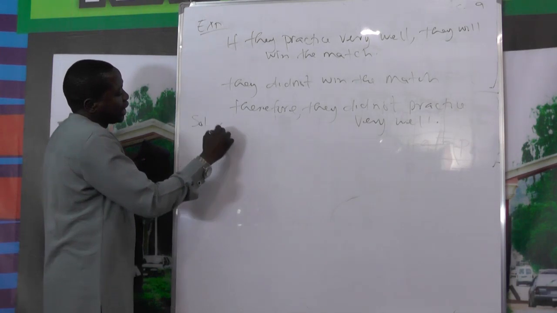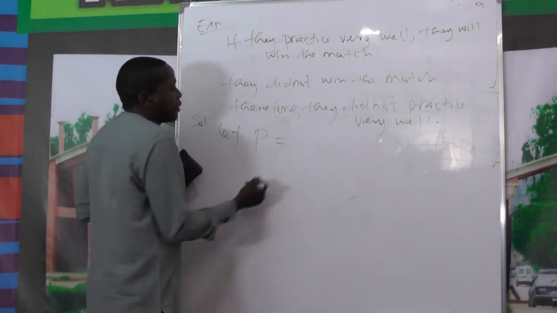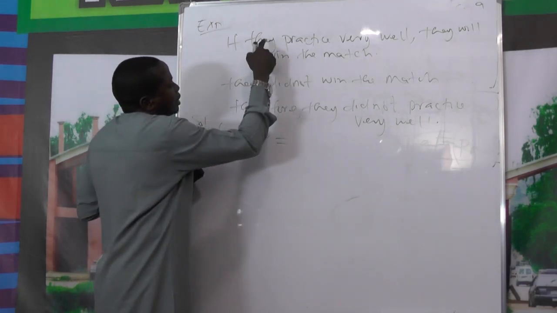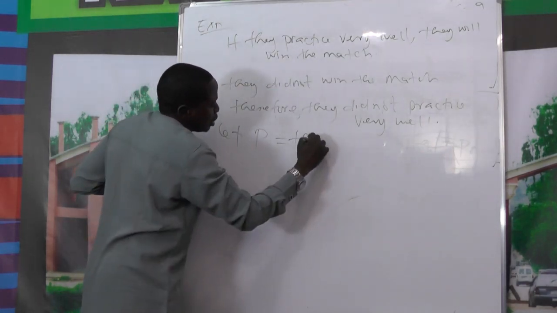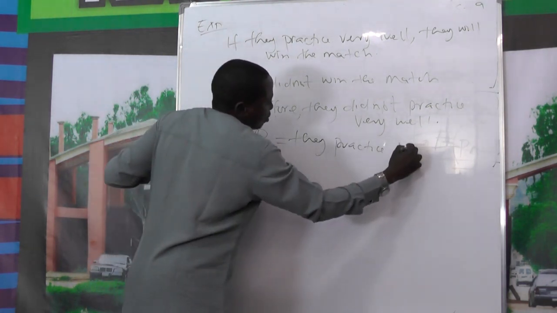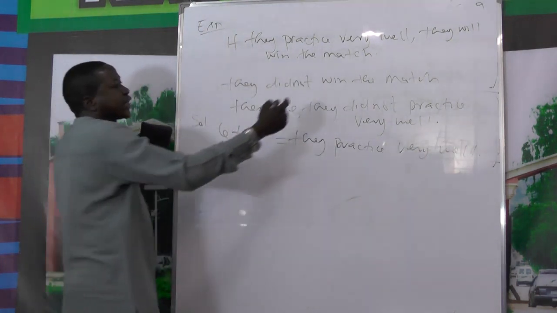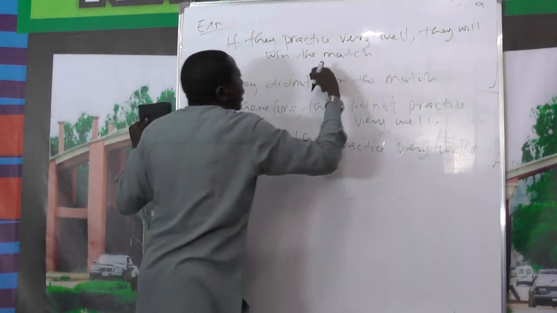Let P represent the first statement: they practice very well. That's our P. And let Q represent: they will win the match.